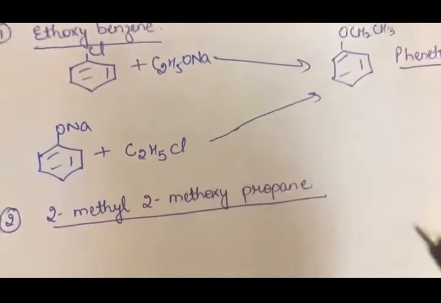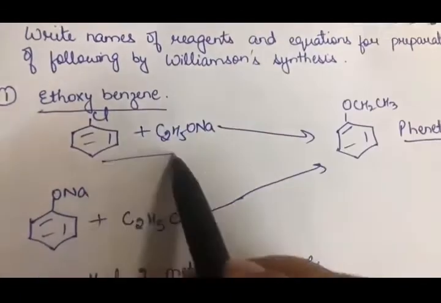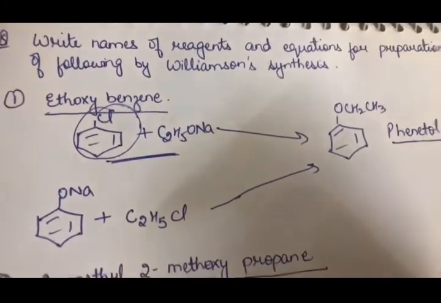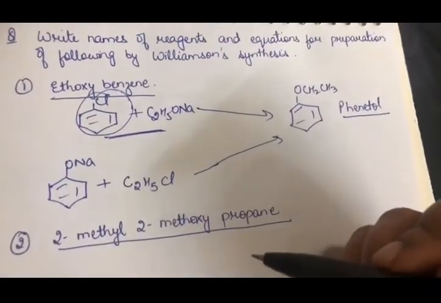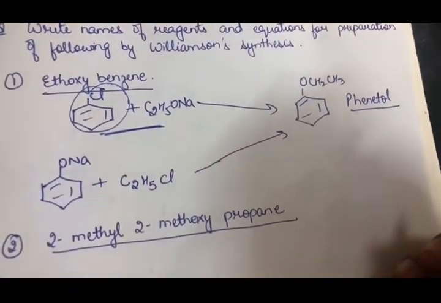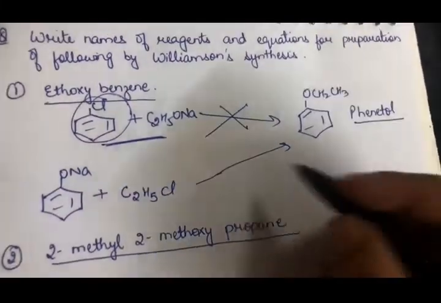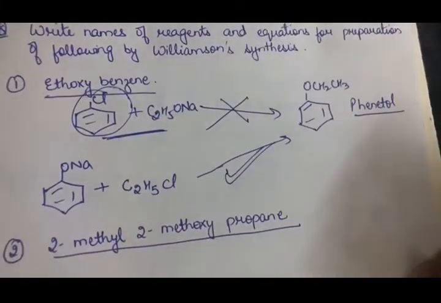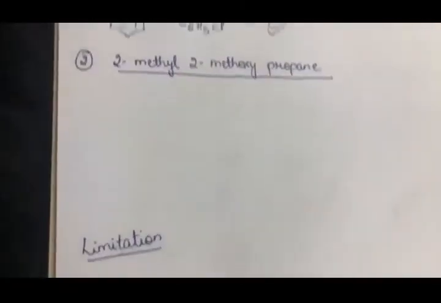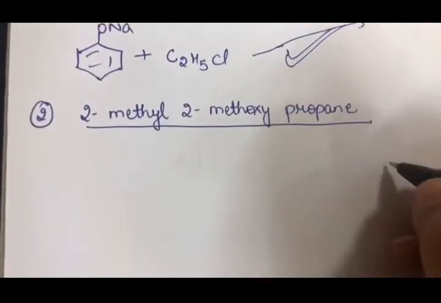Now you tell me which one is the correct one. In the very first case, I have an aryl halide, which we already saw is not able to undergo the Williamson synthesis reaction. So this will not lead to the formation of an ether, whereas the second case will definitely lead to the preparation of phenetole.